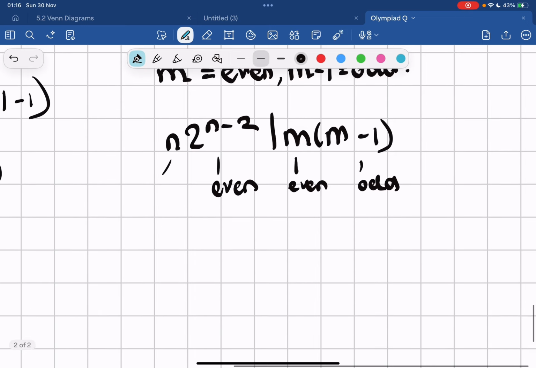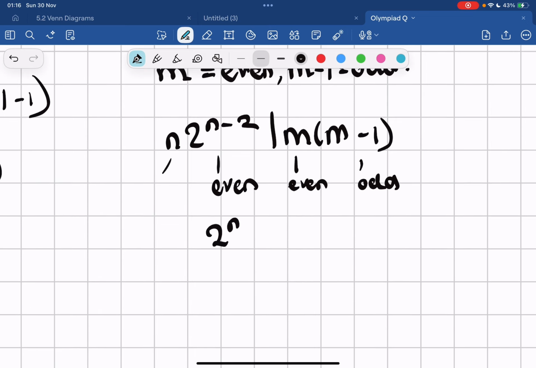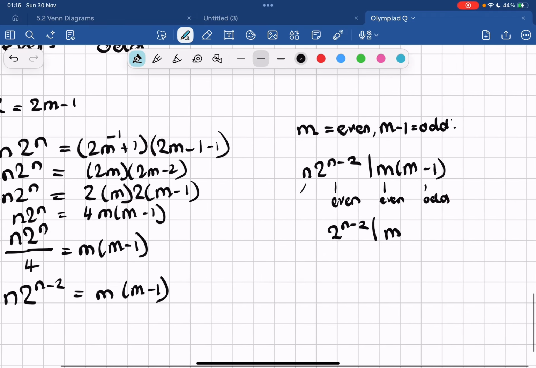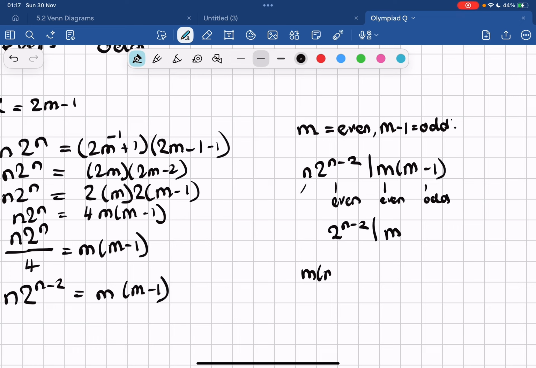We can say for certain though that 2 to the n minus 2 can divide m because they are both even. And if you take the converse, when m times m minus 1 divides n times 2 to the n minus 2, well, we can say m minus 1 divides n.